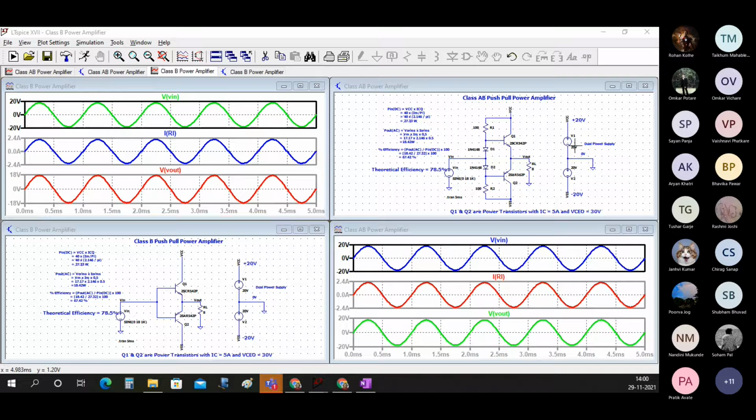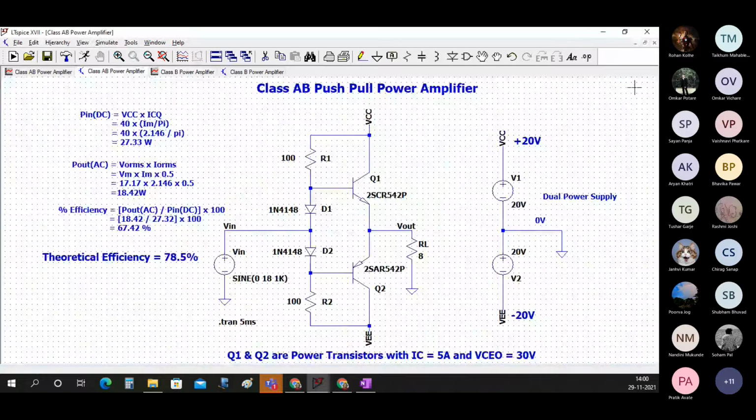But one thing we have missed, that is we want to now find out what the power calculations are.